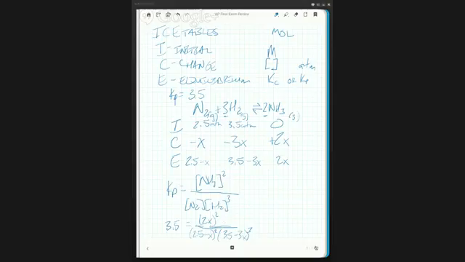If they gave you, let me give you another example. Let's say you're doing an ICE table, but you're doing it with solubility. So now you're doing it with the Ksp. And so you have AgCl, which is a solid, and it's in equilibrium. It's going to Ag+, which is aqueous, plus Cl-, which is aqueous.